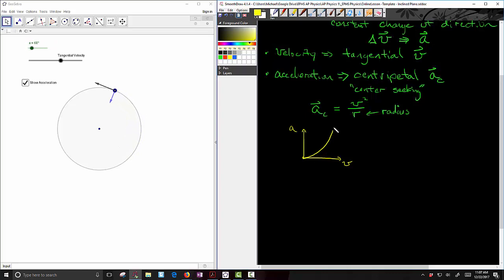My relationship of centripetal acceleration to the velocity is a square. So how is it related to the radius? If we hold the v squared constant, then it's 1 over r, so we end up getting an inverse function. So that's my relationship between centripetal acceleration and radius and with velocity.